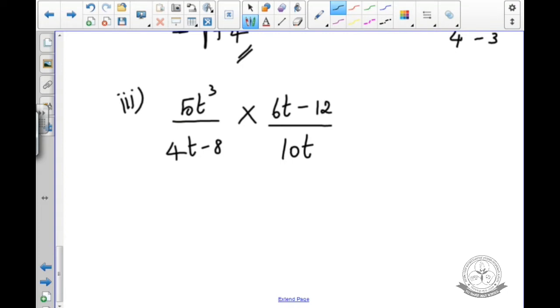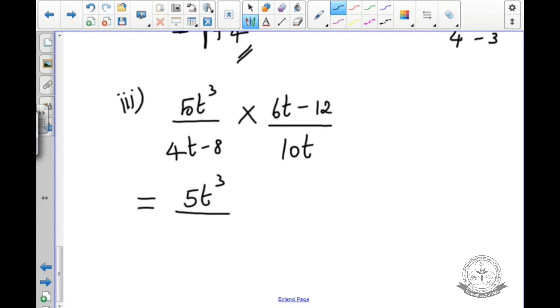So for this problem also, how can I split the values and variables, right? So this 5t cube I can't do anything, right? So I just write the same term divided by 4t minus 8.